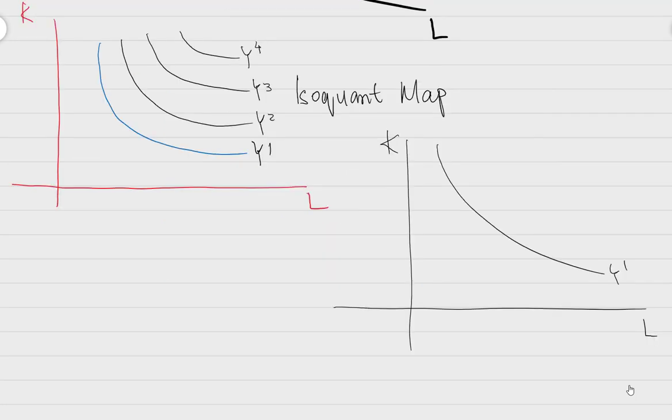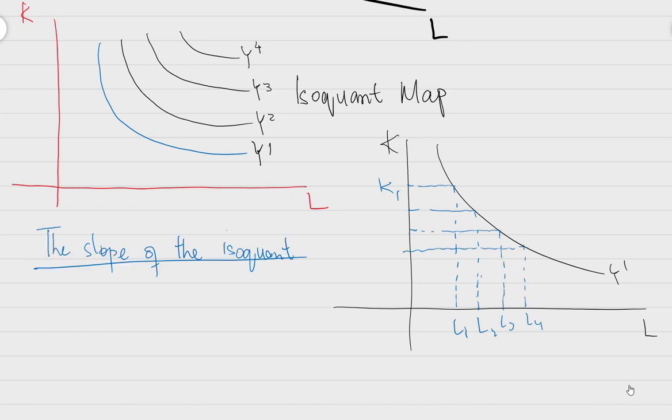What we observe from this isoquant that gives us output y1 is that we can have different pairs of labor and capital that can be utilized to produce the same output level y1, and so on. The slope of the isoquant is known as the marginal rate of technical substitution. It is the negative of the change in capital over the change in labor.